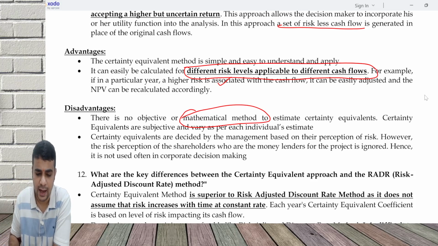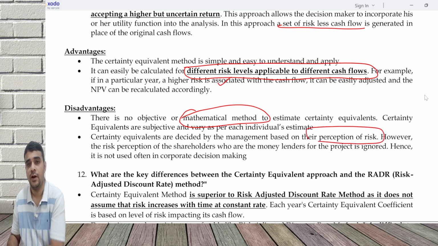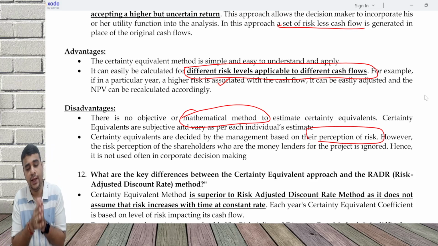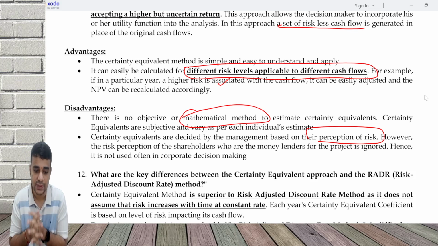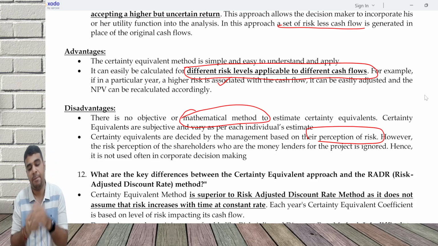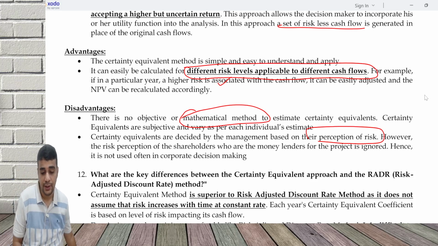But here, most of the time it's a subjective factor, based on the perception of the risk. Because of the subjective element brought in by the CEF approach, in the practical world this is not predominantly used.